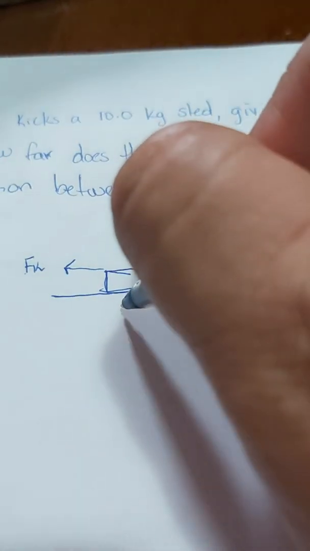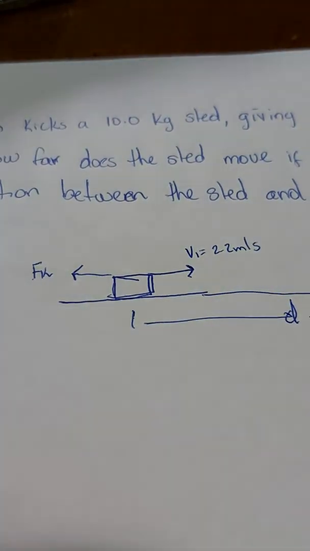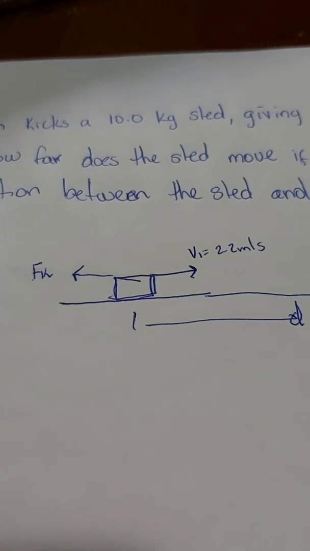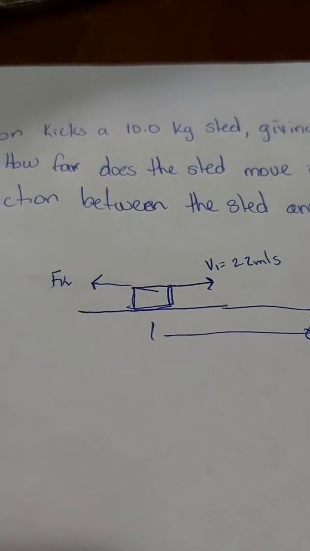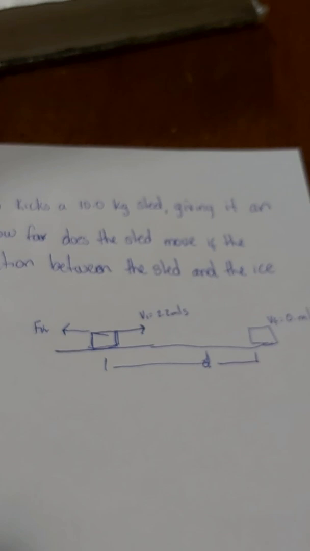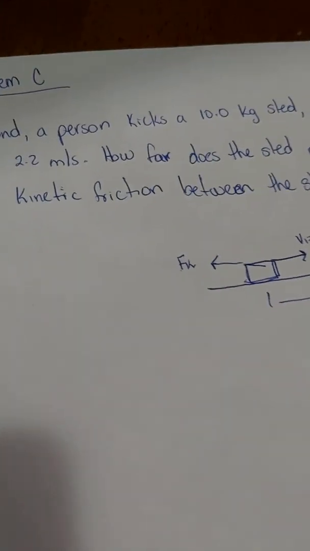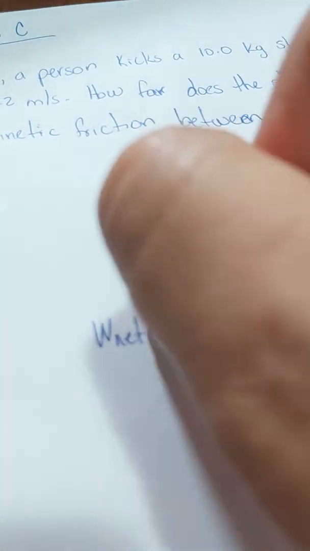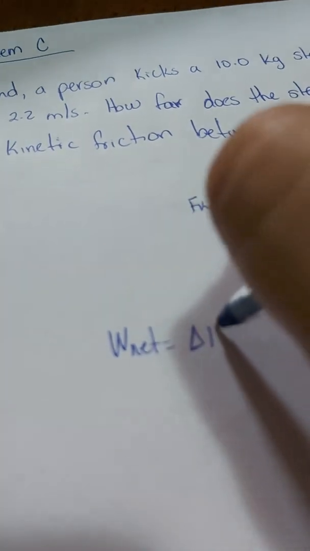And we need to find the displacement when the sled has a final speed of 0 meters per second. Okay? Now, we're going to be using the work-kinetic energy theorem. The work-kinetic energy theorem states net work equals the change in the kinetic energy.